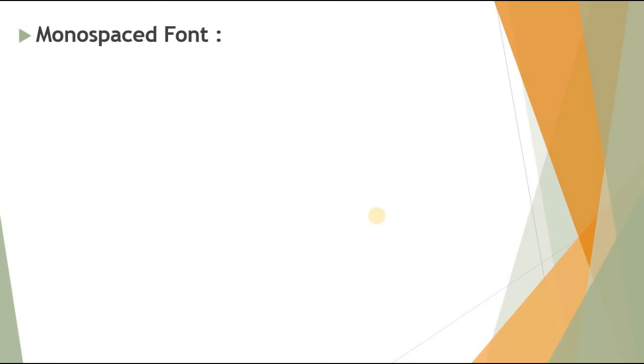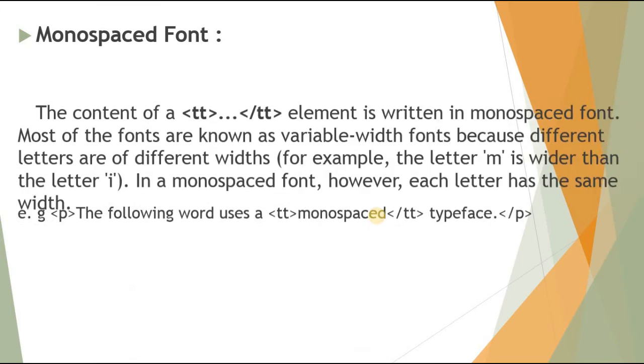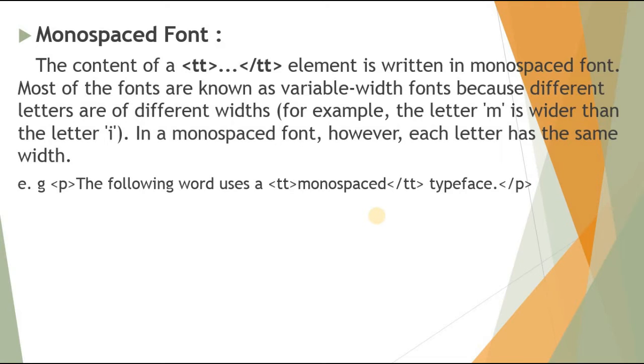Next, the monospaced font. The monospaced font starts with a TT and ends with a /TT. Element is written in a monospaced font. Most of the fonts are known as variable width fonts because different letters are of different widths.